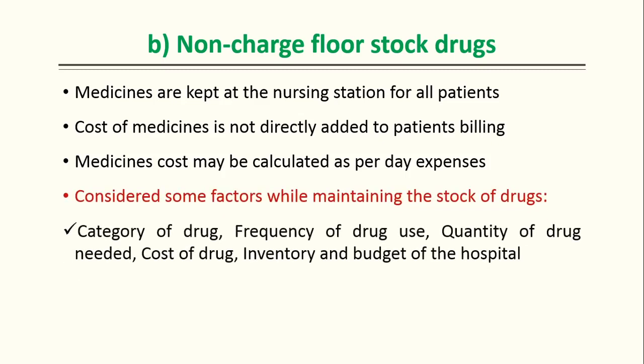Here are some factors which are considered while maintaining the charge flow stock drugs in the nursing station. That includes the category of the drug, the frequency of that drug's use, the quantity of drug needed, and very important, the cost of that drug, and last, the inventory and budget of the hospital.